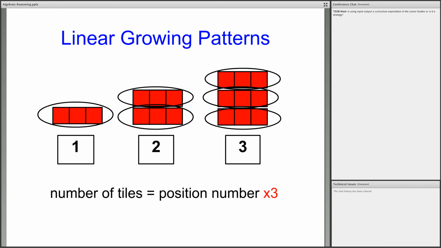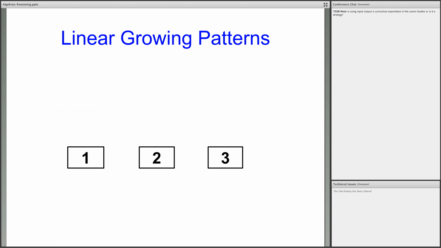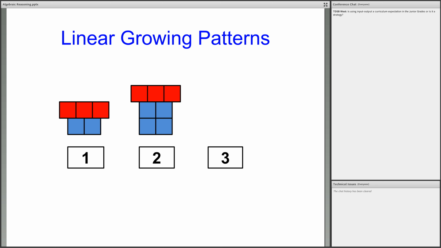So we do some activities, just having kids think about building rules that only have a multiplier. And then we introduce something like this. So at the first position, I have 2 blue tiles and 3 red tiles. Position 2, I have 2 groups of 2 and 3 red tiles.